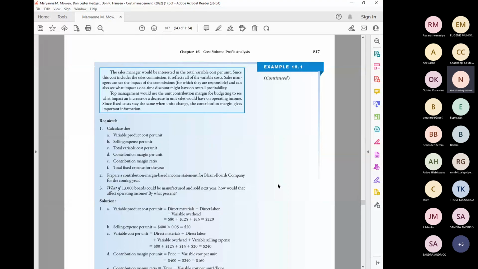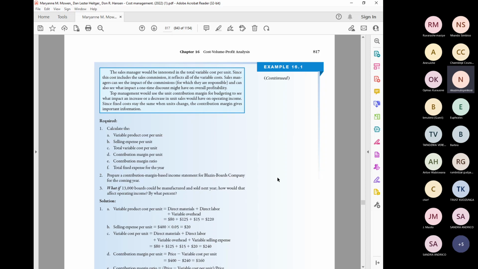The sales manager would be interested in the total variable cost per unit. Since this cost includes the sales commission, it reflects all the variable costs.